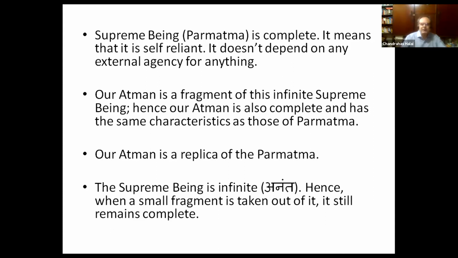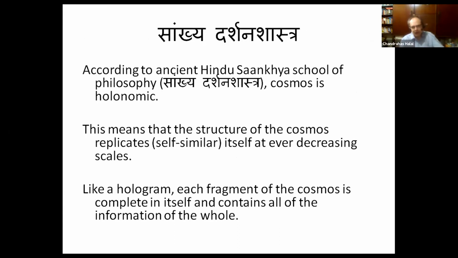Now, Paramatma, the Supreme Being, is Anant or infinite. Hence, when we take a small fragment out of it, it still remains Purna or complete. According to ancient Indian or Hindu Sankhya Darshan Shastra, cosmos or Brahmand is holonomic.